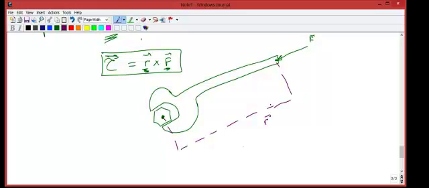Let's verify that this is consistent with the cross product. R cross F, we've been told that this creates a torque, therefore a rotation. Look at the relationship between the R vector and the F vector. What is the exact relationship in words between the position vector and the force?